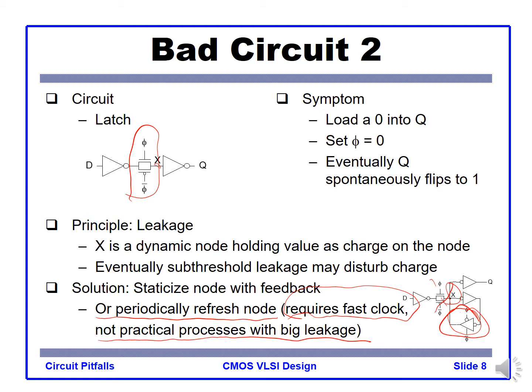That means you want to test your circuit at slow frequency, with a slow clock. In that case, your circuit should work properly. So the number one rule is that you want to make it a stable circuit. Always try to make it a static circuit rather than dynamic.